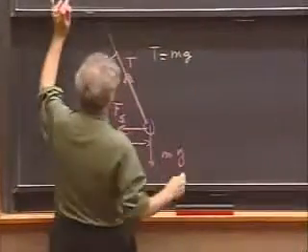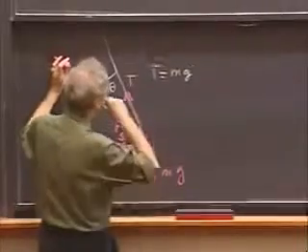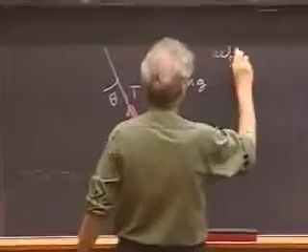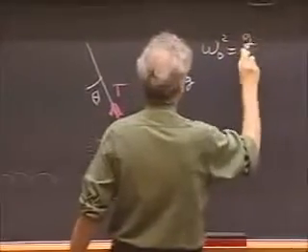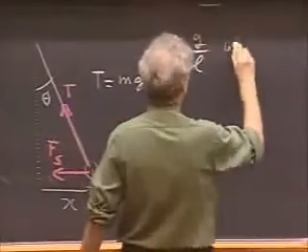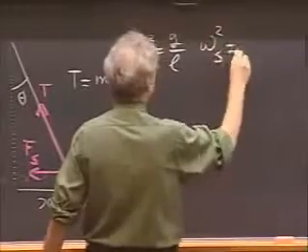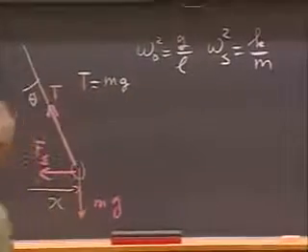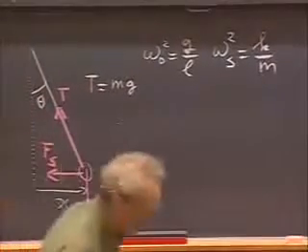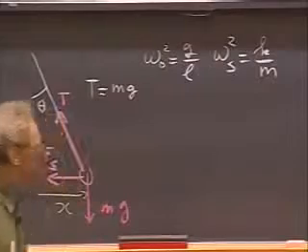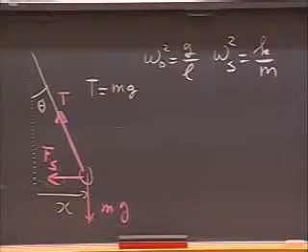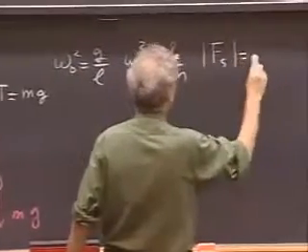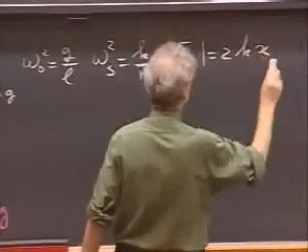We have discussed that several times. I'm going to introduce a shorthand notation. Omega 0 squared is g divided by L. And omega s squared, making reference to the spring, is k over m. And now I have to set up the differential equation. I have to apply Newton's second law. And I remind you that the magnitude of the spring force is 2kx.